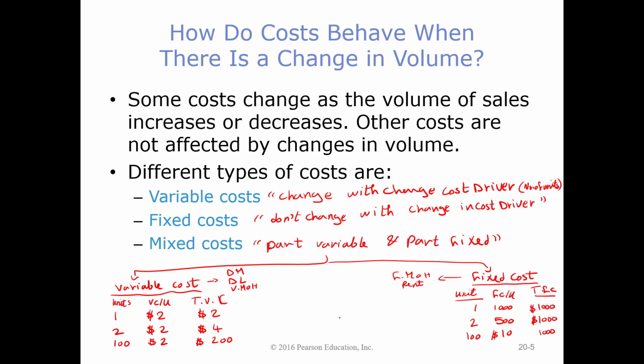So actually I can write a very interesting rule that you have to keep in mind regarding the variable cost and the fixed cost. In the variable cost, I can say that total variable cost is variable, which means it changes with a change in volume, and that variable cost per unit is constant.